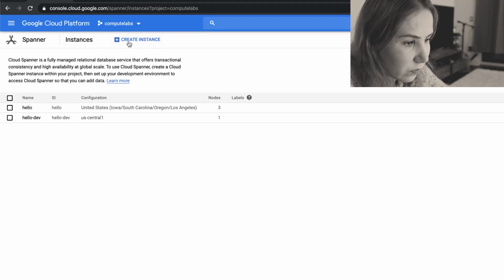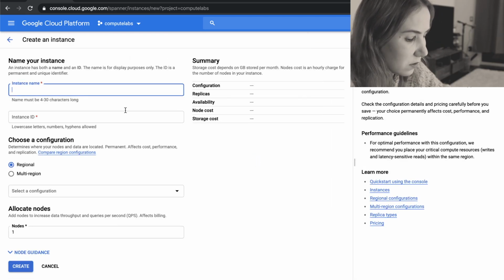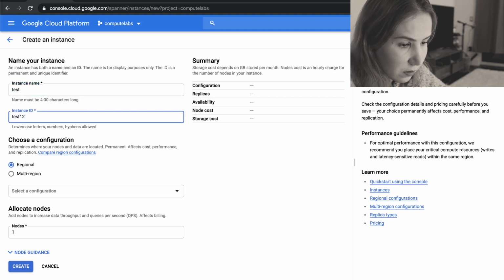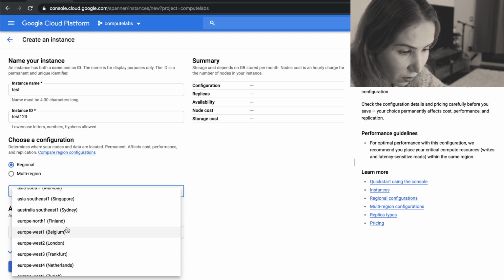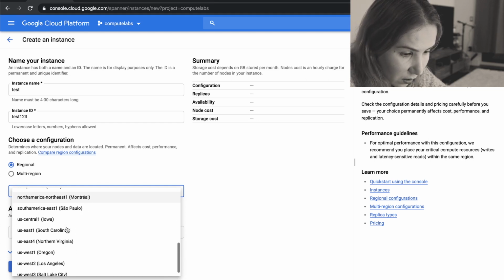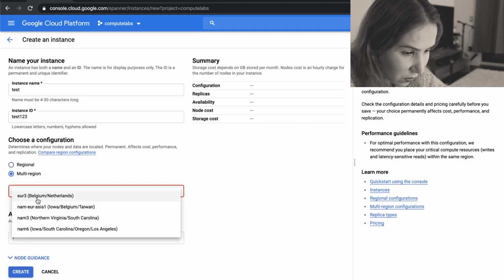If you come to the console, you click on create instance. For example, you can choose a regional or a multi-regional. A regional is also good for development time. With a multi-regional, you can have different configurations like Belgium, Netherlands, North America, Europe, Asia.